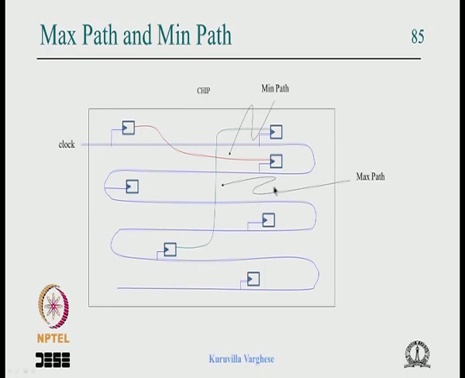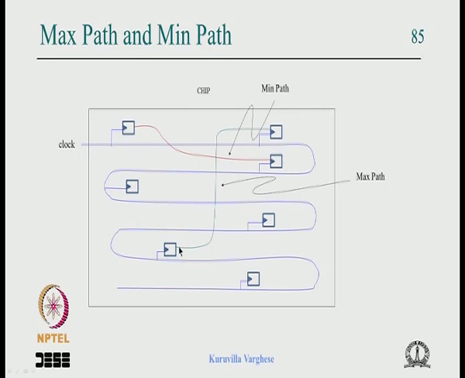And there is another situation where this is a source register where the clock gets delayed when it reaches a destination register, but the data is going back from the destination to the source. Or you can say, as far as the data is concerned, this is the source register and this is the destination register.